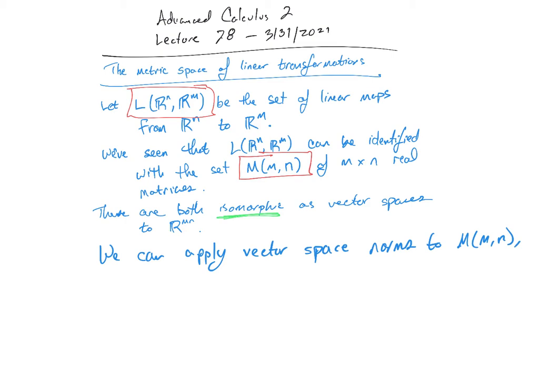Okay, because M(m,n) is just a vector space, and we view it as R^(mn), and then we can use any metric we have there. So, for example, we can define the 2 norm here.